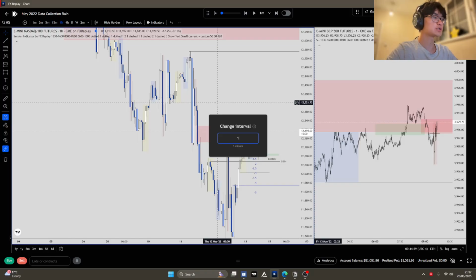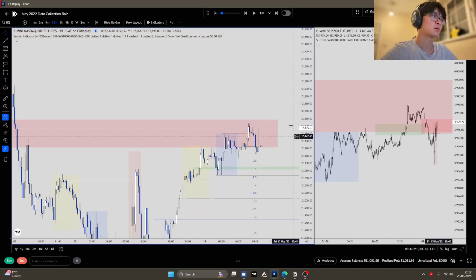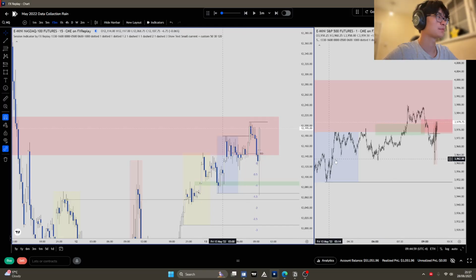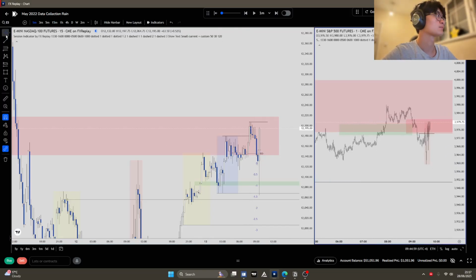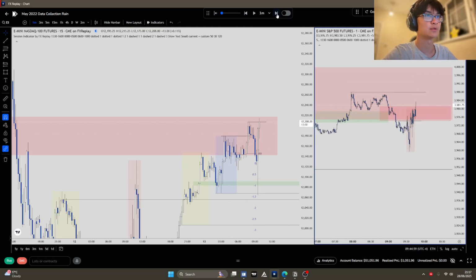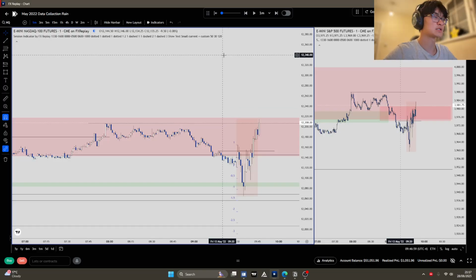So draws above, there is none for me, so I wouldn't be taking anything. We have this high, and that's it for me. Why? Because the draws above are more than 200 points away from open.